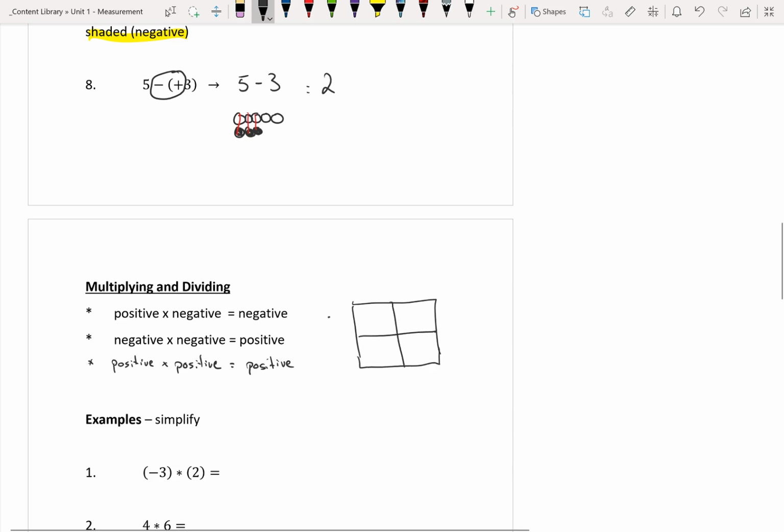So anytime I'm multiplying and dividing, two positives will give me a positive, positive and negative will be a negative, negative and a positive will be a negative, negative and a negative will be a positive.